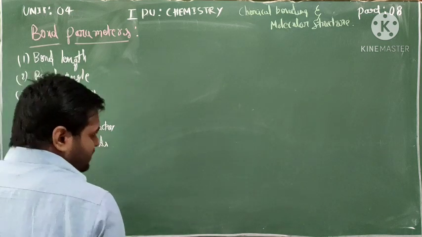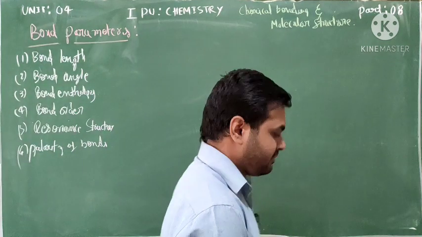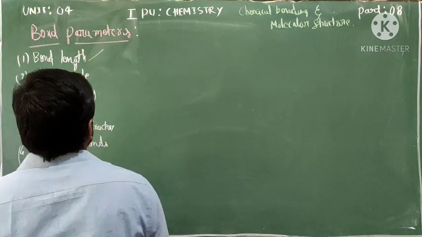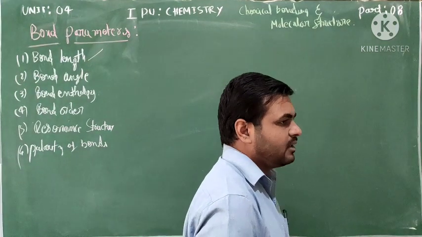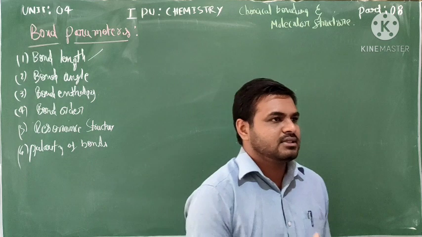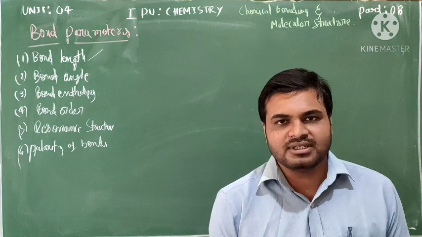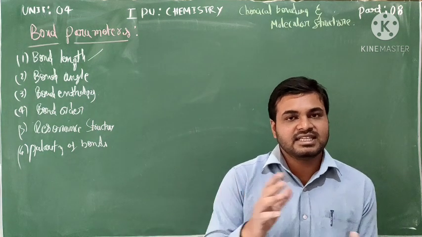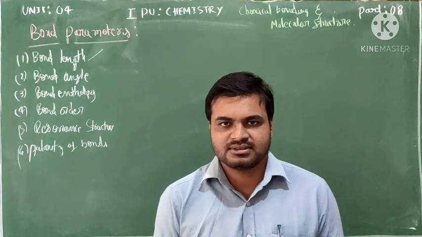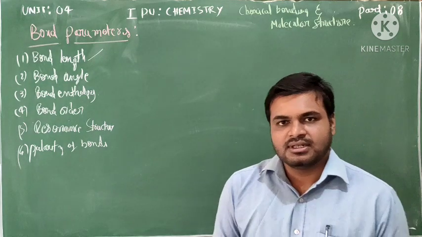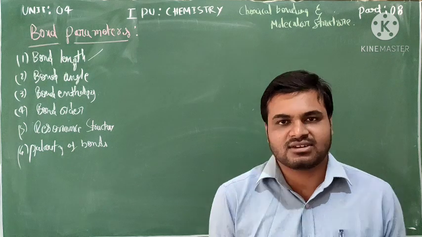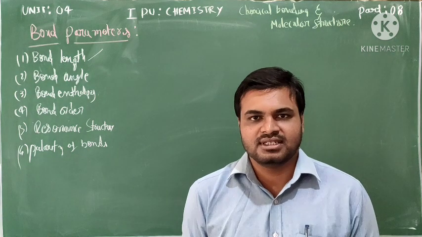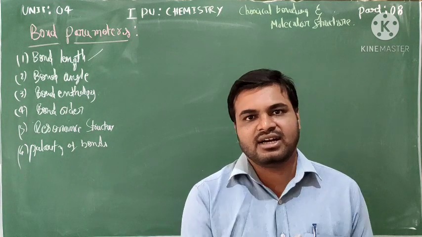Okay, let me discuss them one by one. First one, bond length. Before that, a bond is formed by sharing of electrons between two or more atoms, or by transfer of electrons, giving covalent bonds or ionic bonds.